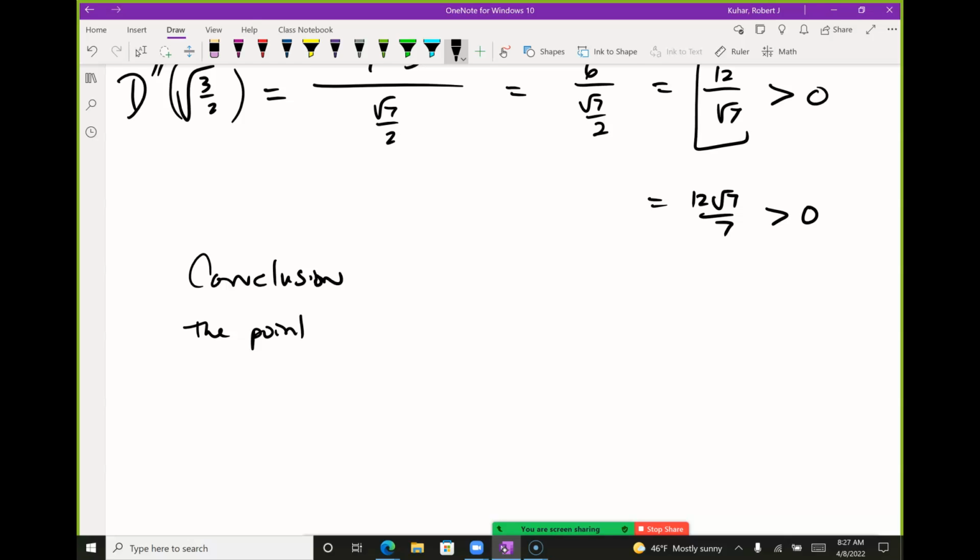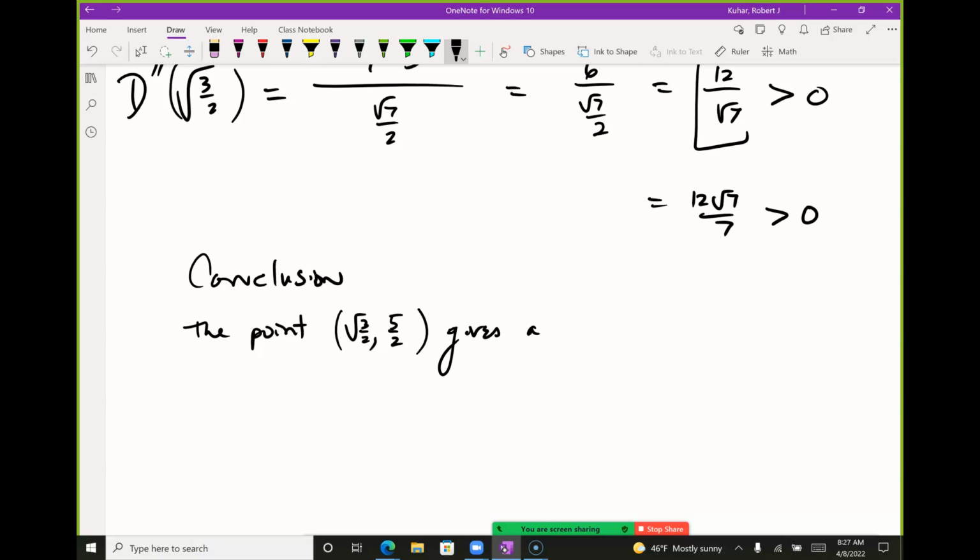The point square root of 3/2, comma, square root of 5/2, right?